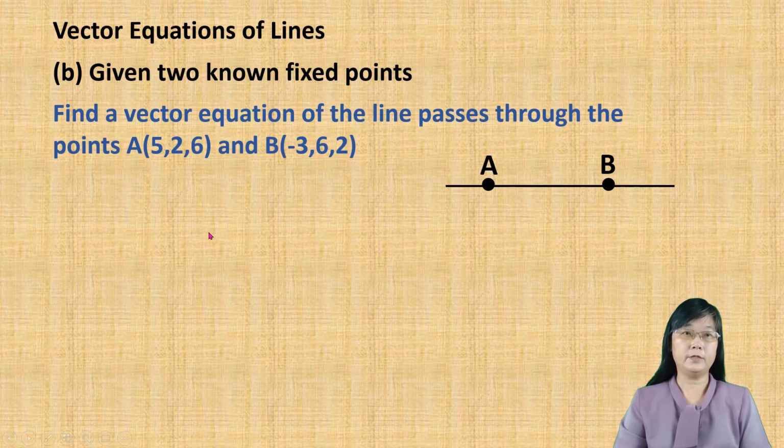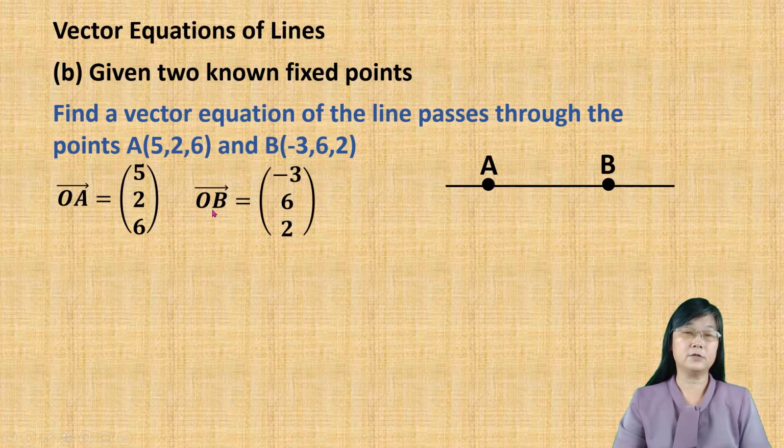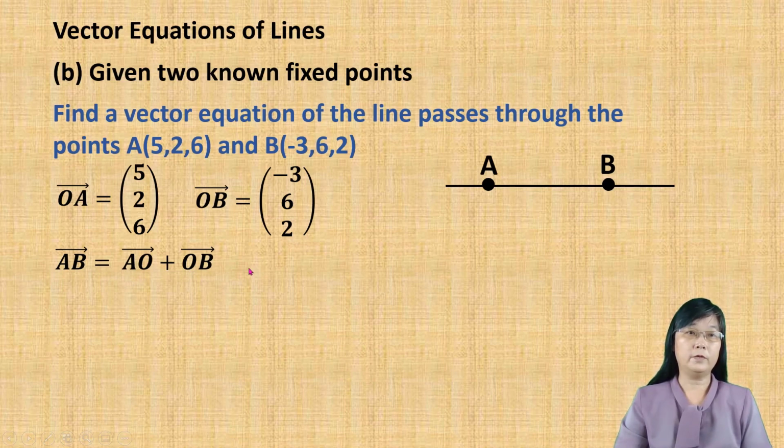of A to B. So from the coordinate of point A, we know that the position vector of A is 5, 2, 6. From the coordinate of point B, we also know that the position vector of point B is negative 3, 6, 2. Then the direction vector AB is equal to the vector AO plus OB.